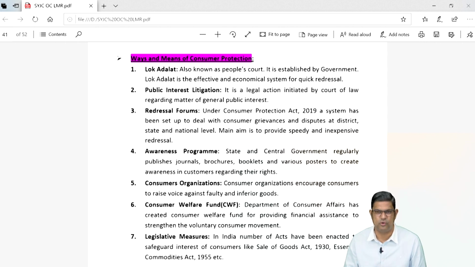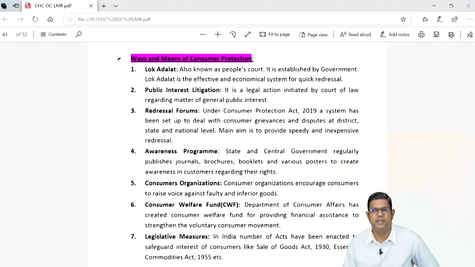Such redressal forums or consumer forums are set up at 3 different levels. At district level, we call it the district forum. At state level, we call it the state forum or the state commission, and at the national level it is called the national commission. So the main aim of such type of redressal forum is to provide speedy and inexpensive redressal of the problems that are caused to the consumers.